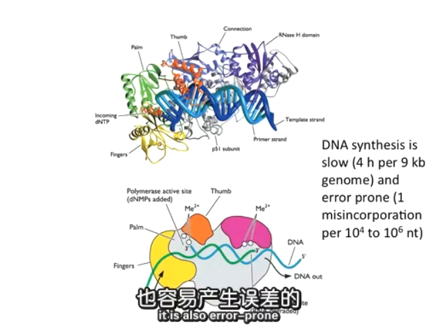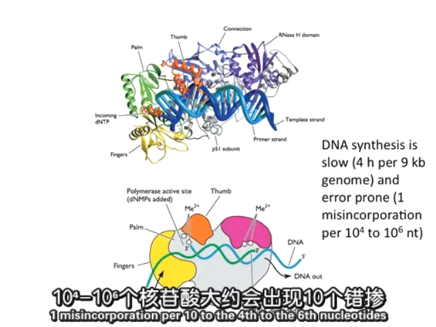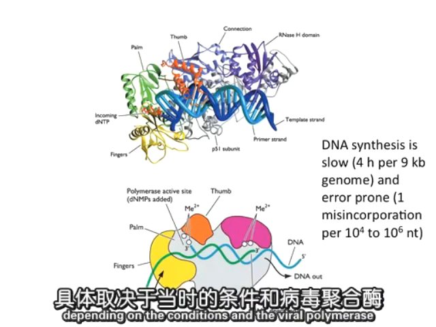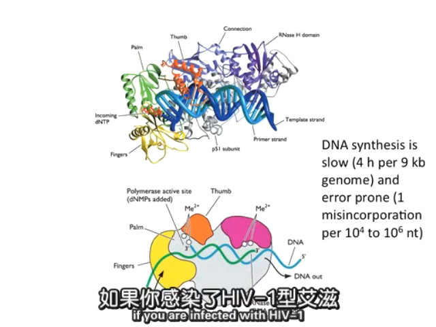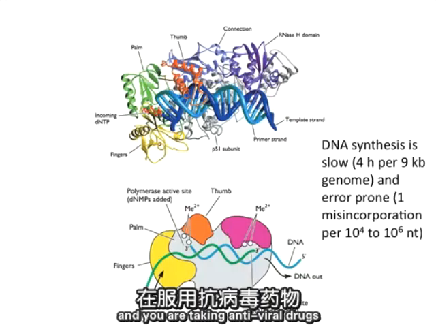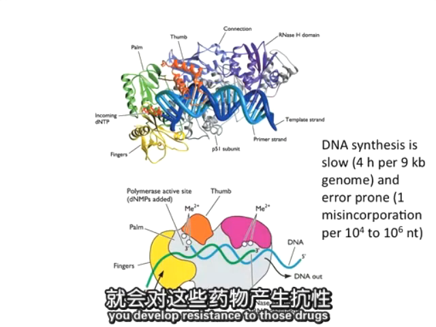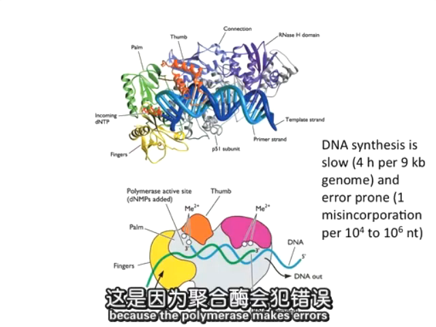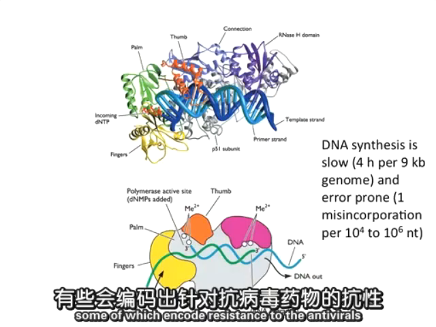It's also error-prone. 1 misincorporation per 10 to the 4th to 10 to the 6th nucleotides, depending on the conditions in the viral polymerase. If you're infected with HIV-1 and you are taking antiviral drugs, you develop resistance to those drugs because the polymerase makes errors, some of which encode resistance to the antivirals.